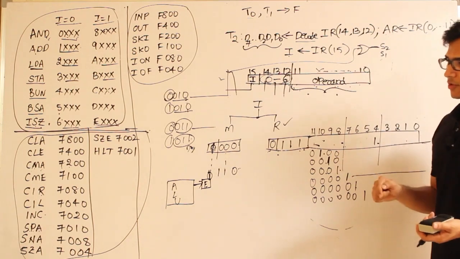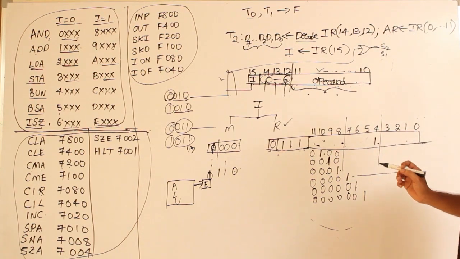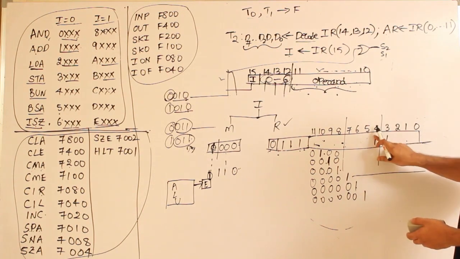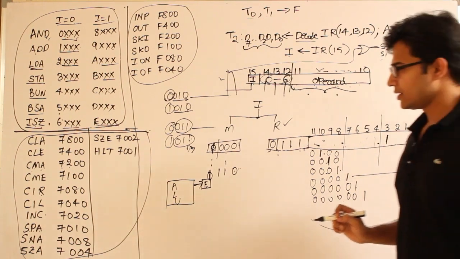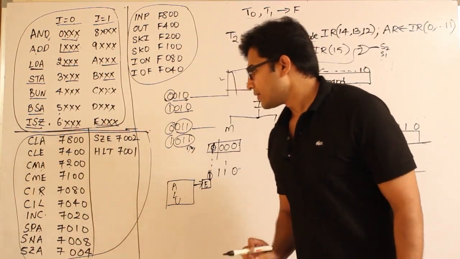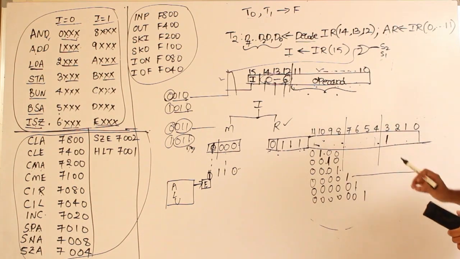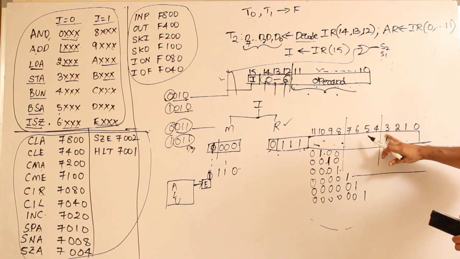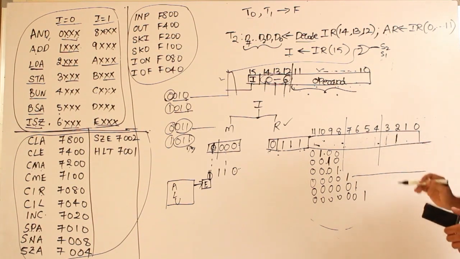You have to test the accumulator, and if it is negative you have to skip, and its instruction is 7008, which means this part. All the other things are 0. And the next one is SZA, skip if accumulator is 0, which takes 4 here, 7004, which means this one is 1 and all the remaining are 0.